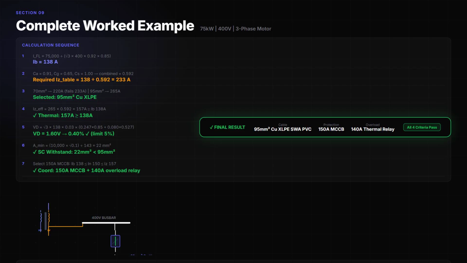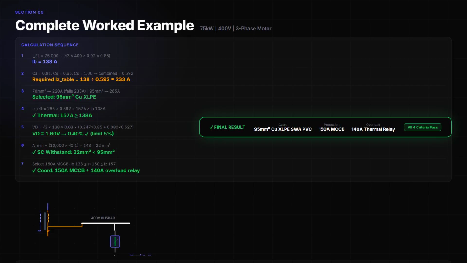Step 4: voltage drop. Resistance: 0.247 ohms per kilometer at operating temperature. Reactance: 0.080 ohms per kilometer. VD equals root 3 times 138 times 0.030 times open bracket, 0.247 times 0.85 plus 0.080 times 0.527 close bracket. Result: 1.60 volts, 0.40%, well within the 5% limit.